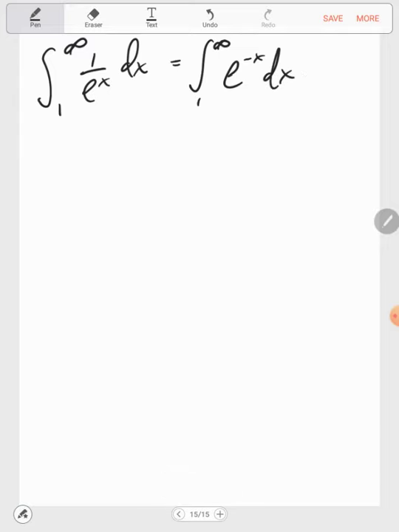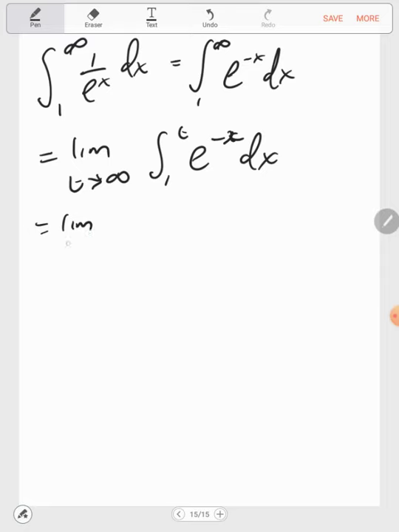We have an infinity, therefore we can introduce the limit: the limit as t goes to infinity of the integral from 1 to t of e to the power minus x dx. The antiderivative of e to the power minus x is minus e to the power minus x, evaluated from 1 to t.